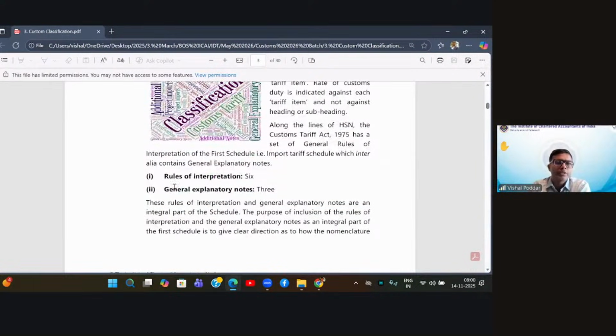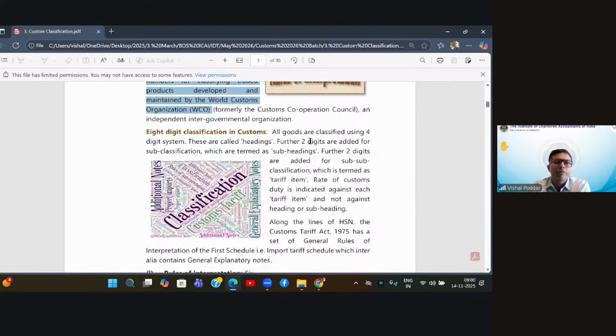First 2 digits are for your chapter number. So the first 2 digits of the code represent the chapter number in which your goods are falling. The next 2 digits represent the heading in that chapter. See, every chapter has headings. And the next 2 digits are the subheading number. So this is how 6 digits are used in international trade.